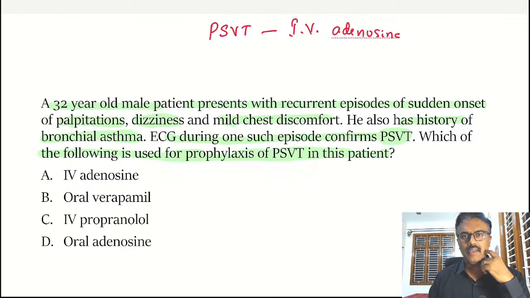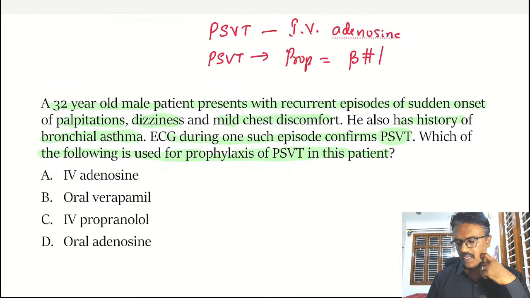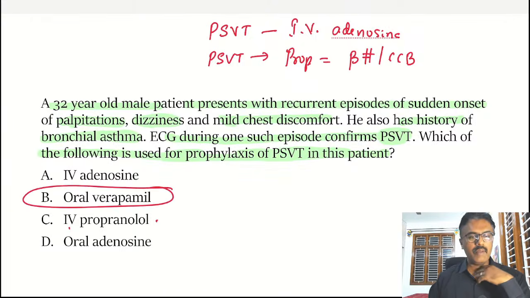Prophylaxis I cannot give adenosine. So for PSVT prophylaxis, I can give two drugs. Either I can give a beta blocker or I can give a CCB. So we have two options. Propranolol cannot be given here because it is an IV drug. So what I can give is oral verapamil. So read the question carefully. I know you know the answers, but the examiner can trick you.